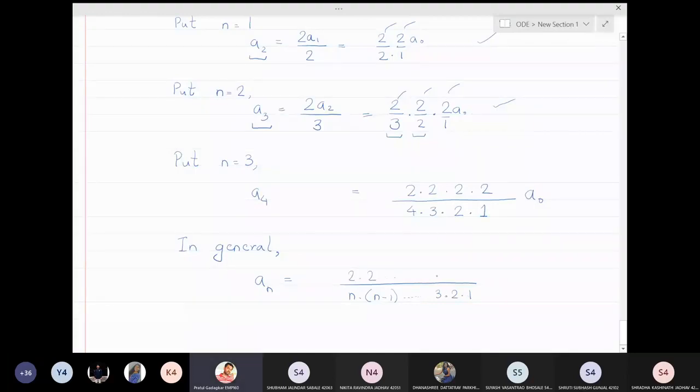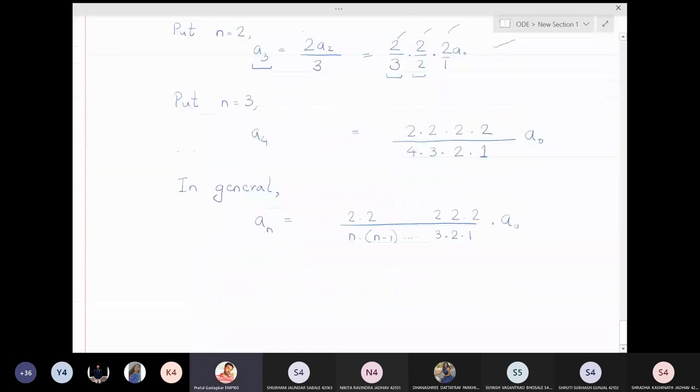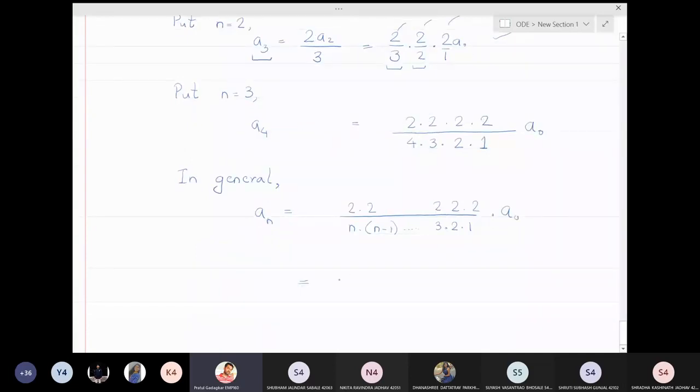How many times will you get a 2? You get n times 2 into a_0. Can I write this expression in a bit compact form? This is 2 raised to n, because you'll have this 2 n times, the denominator is n factorial, into a_0. This is the expression for a_n.